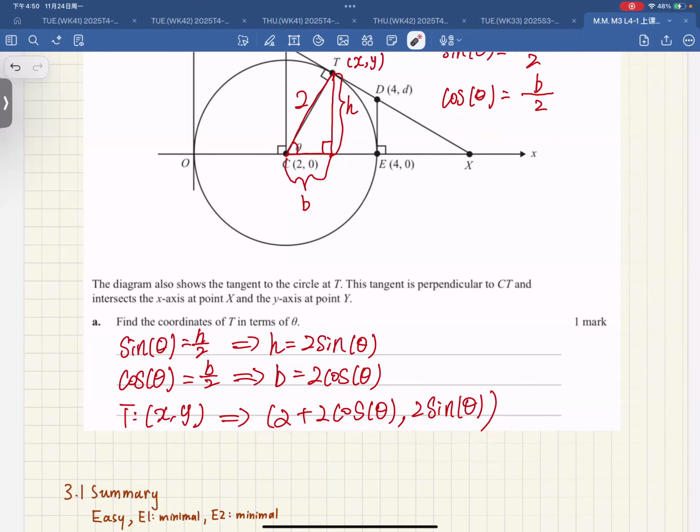Okay, how do you get the final answer? We rearrange. Basically, h is the y coordinate, right? It's equal to 2 times sine theta. I rearrange this equation: h over 2 is equal to sine theta, so h is equal to 2 times sine theta. Because you want h by itself. So multiply both sides by 2.